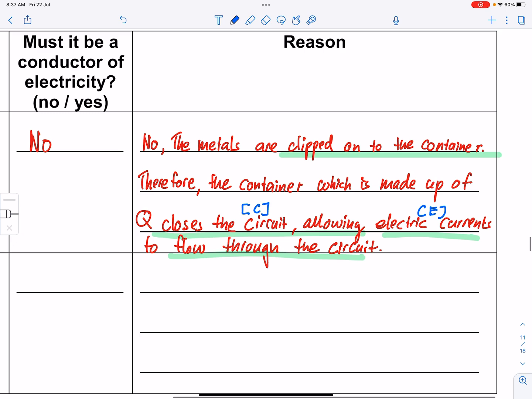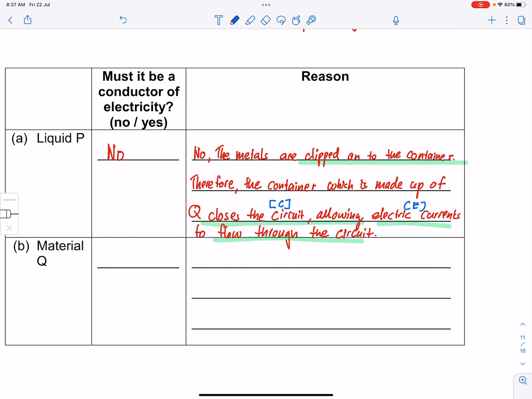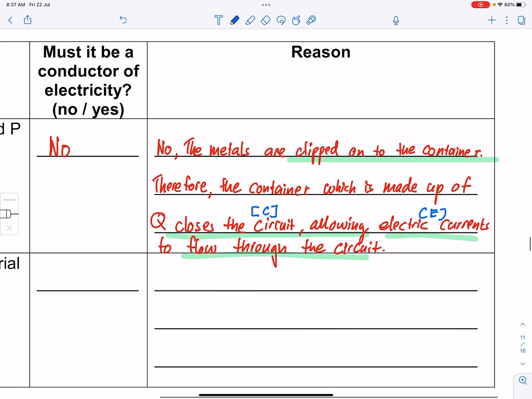Next, must it be a conductor for Q? The answer is yes. Absolute yes. So why? Actually it's a similar idea once again.